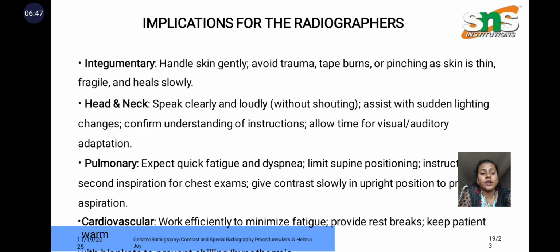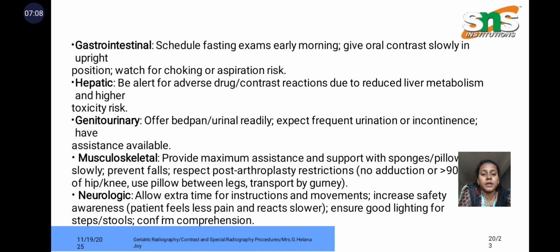As a radiographer, there are some implications while doing geriatric radiography. We have to handle the patient gently, speak loudly, and take x-rays quickly for pulmonary positions. We have to give some rest to cardiology patients.